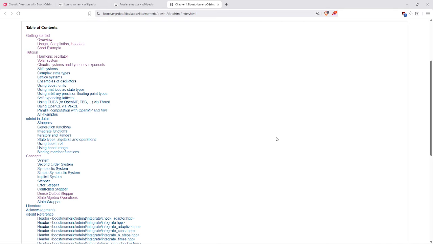And being a header-only library, ODEInt attacks that ecosystem of problems by providing template functions, I believe it's all template functions, where the template arguments model specific concepts.